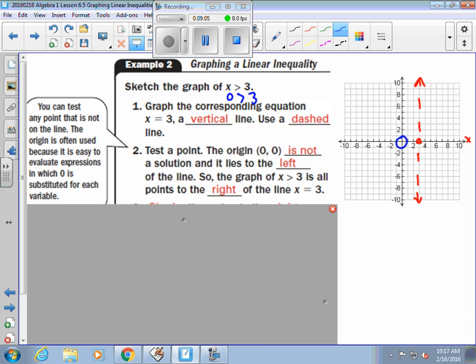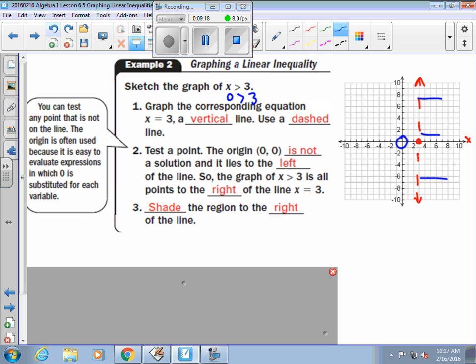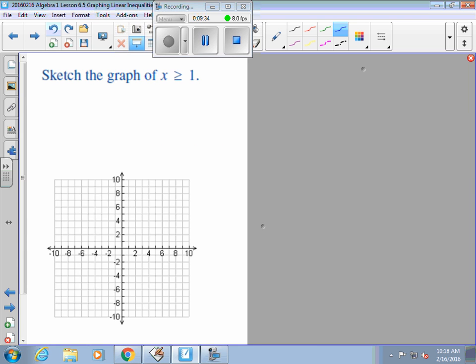So what that means is everything over here is wrong. Don't shade that way. Shade opposite. Everything on that side is right. And that's how you need to shade it, to where you don't make a big old huge mess. Shade everything on the right side of the line. In the bubble, again, it says you can test any point that is not on the line. The origin is most often used because it's easy to multiply and sub in 0, 0.